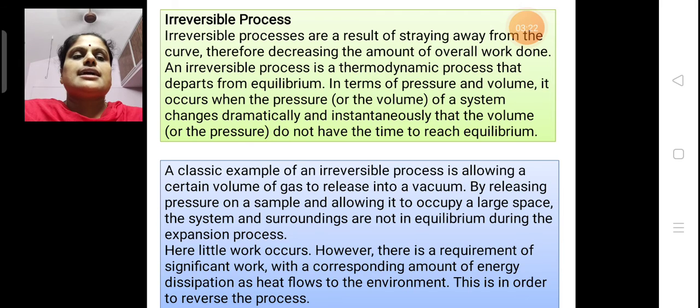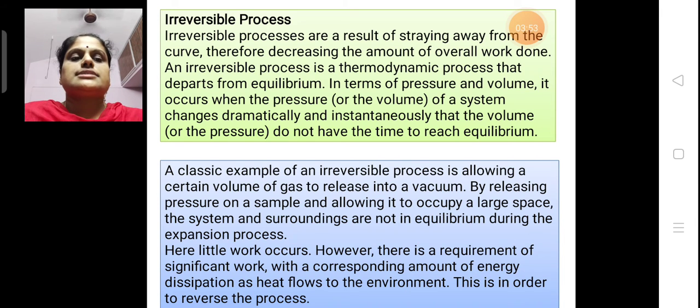A classic example of an irreversible process is allowing a certain volume of gas to release into a vacuum. By releasing pressure and allowing it to occupy a larger space, the system and surroundings are not in equilibrium during the expansion process. Hence, work is to be done here.